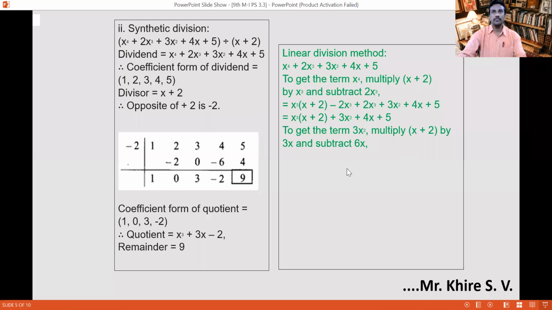So multiply x cube into x plus 2 as it is, then 3x into x plus 2. 3x into x is 3x square, 3x into 2 is 6x, plus 6x minus 6x. Then 4x and plus 5 is there.